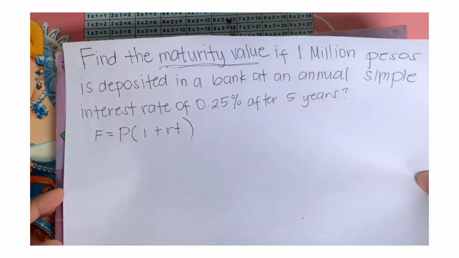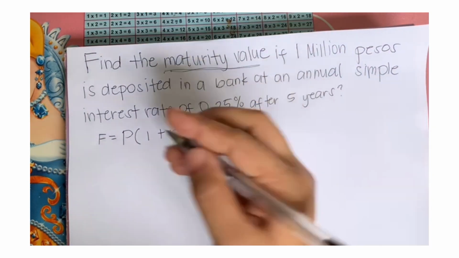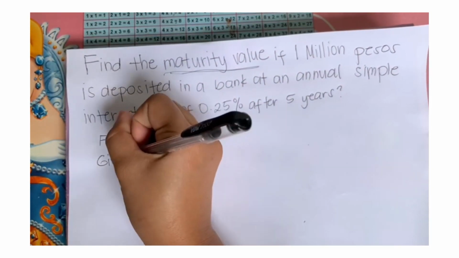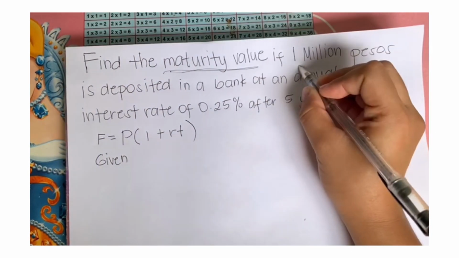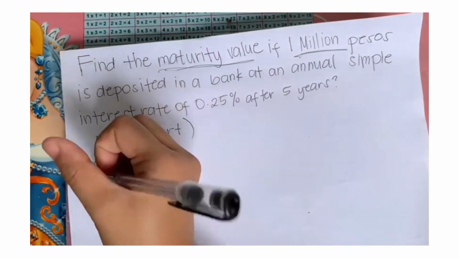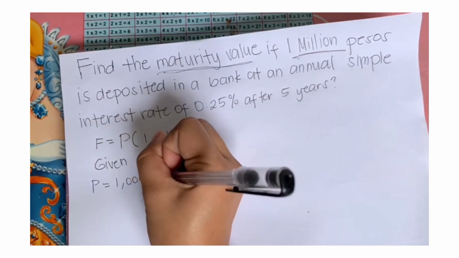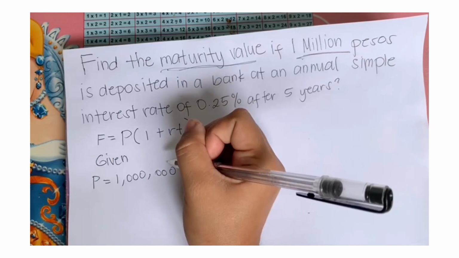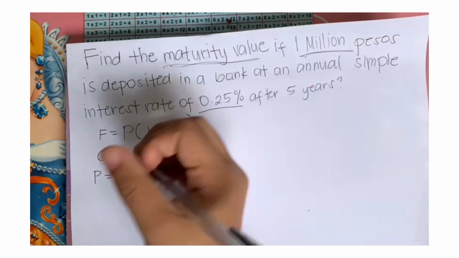So, next, let's find the given. What are our given? We have 1 million pesos, which is the principal. And rate, which is 0.25%.